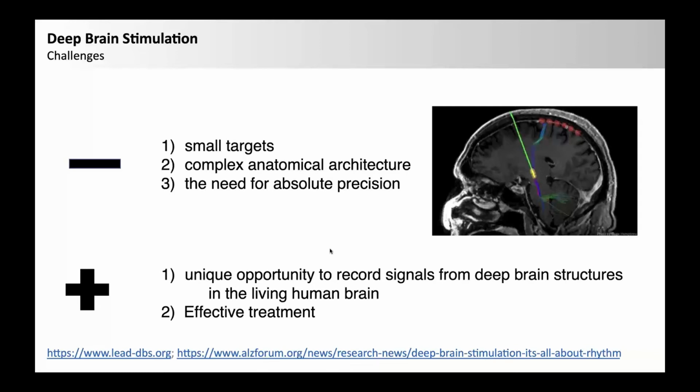So as we have seen, the challenges in deep brain stimulation are very small targets, these structures deep inside the brain of the basal ganglia, where we have a very complex anatomical architecture and the need for absolute precision, because as you've seen, a few millimeters, not even to the left or right, can make a huge difference to the dynamics of the patient's brain.